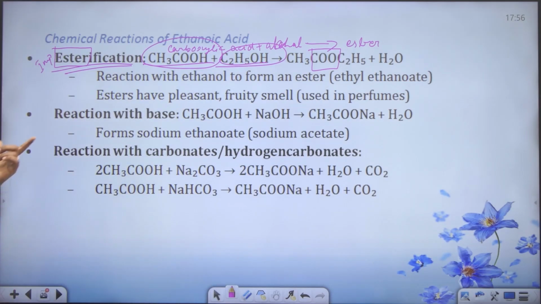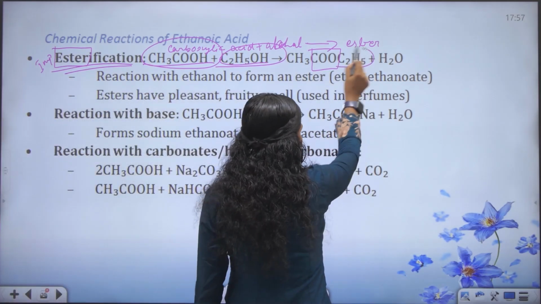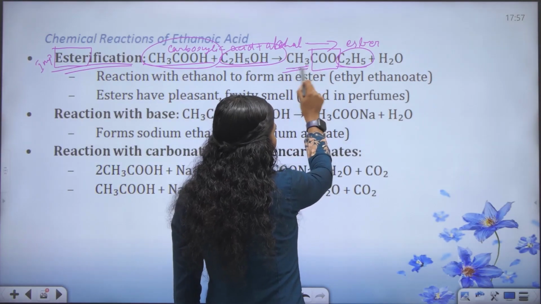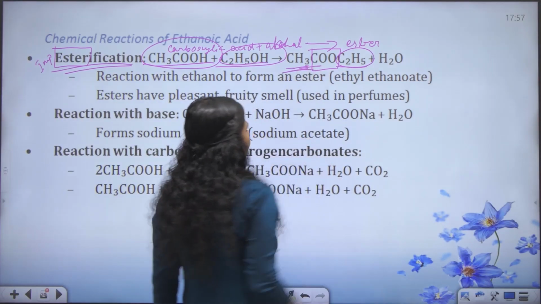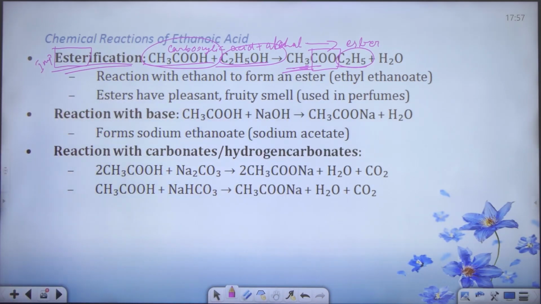The name is ethyl ethanoate: C2H5 for ethyl, and CH3CO for ethanoate. The name of an ester ends with -oate.